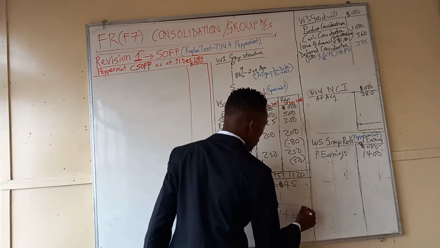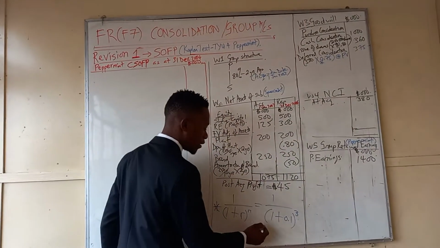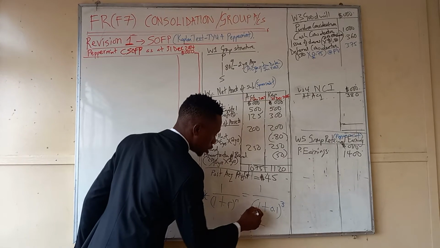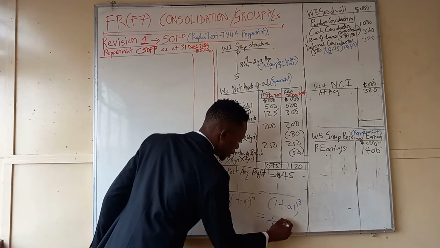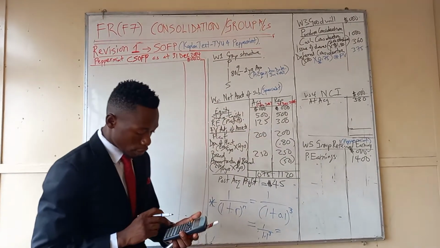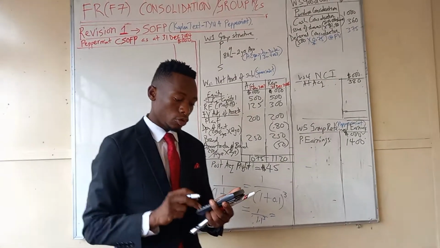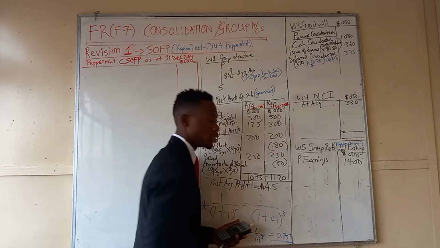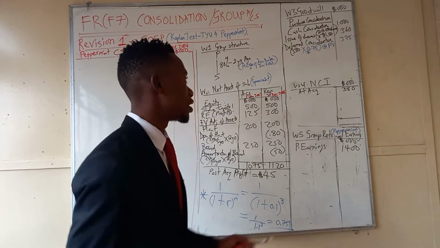The parent promised to pay after 3 years, so to the power 3. Solving the brackets gives 1.1 to the power 3. If you divide using your calculator, you get 0.751, so to 2 decimal places that will be 0.75.